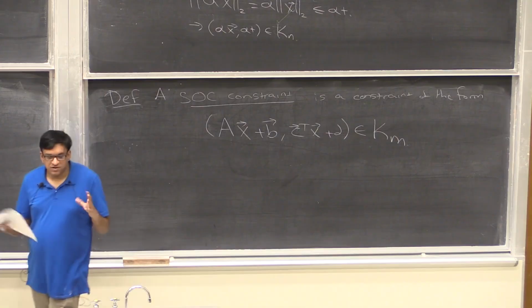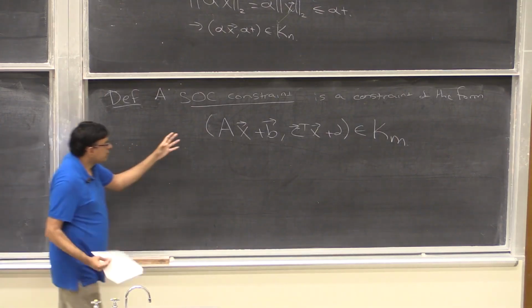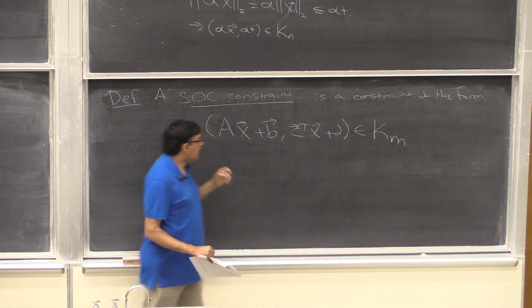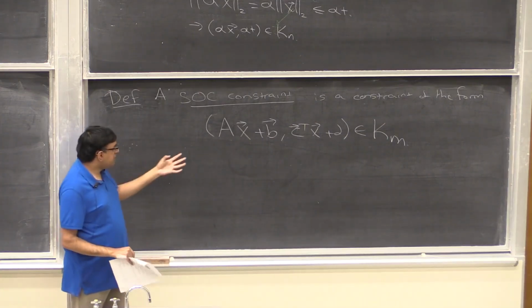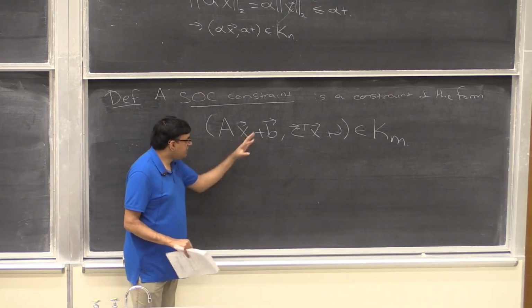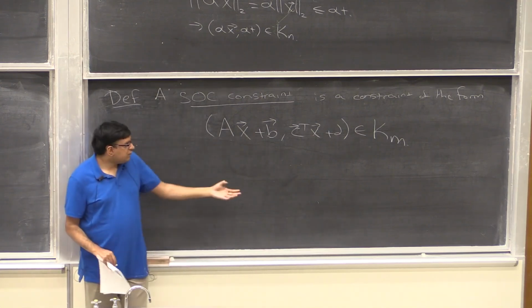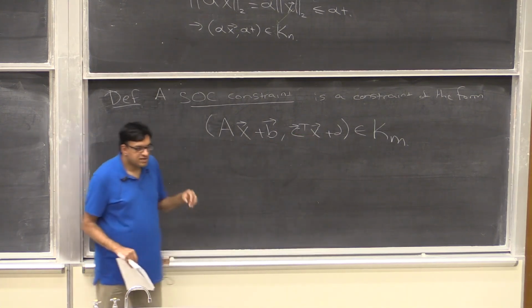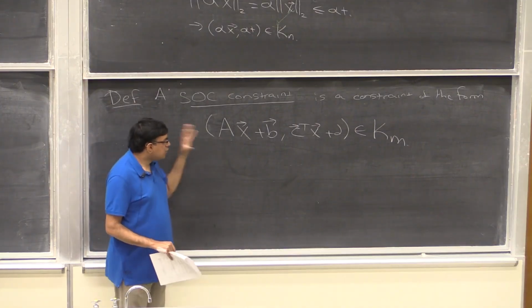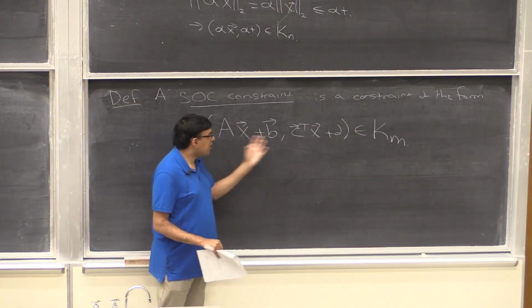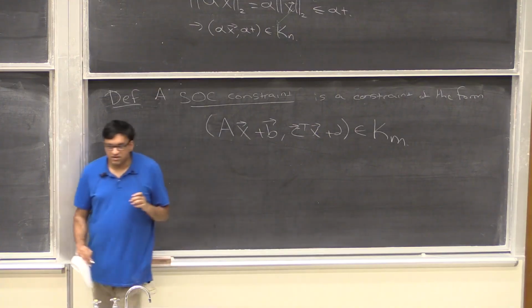So given an optimization variable x, this is what a second order cone constraint looks like. More generally, the first entry is an affine function of x, and the second entry is also an affine function of x. So the second order cone constraint is just saying that an affine function of x, comma, an affine function of x, is inside this second order cone.